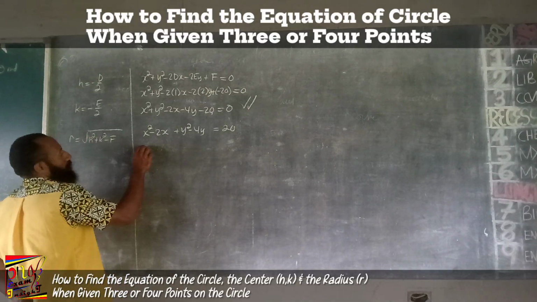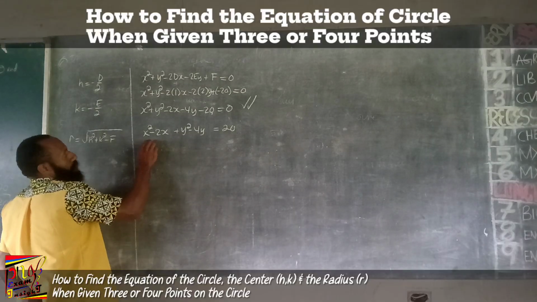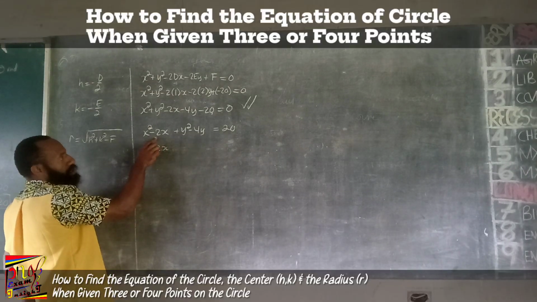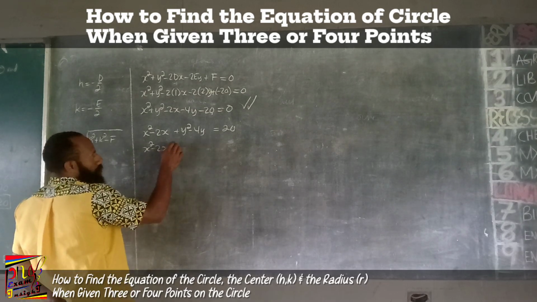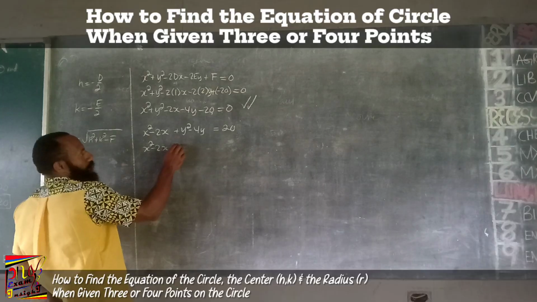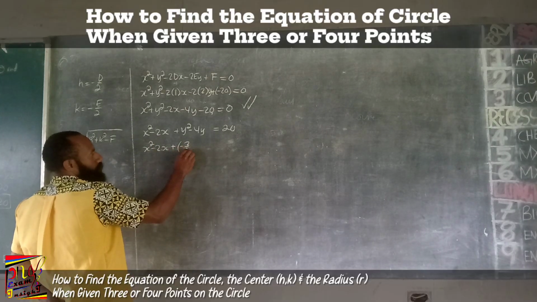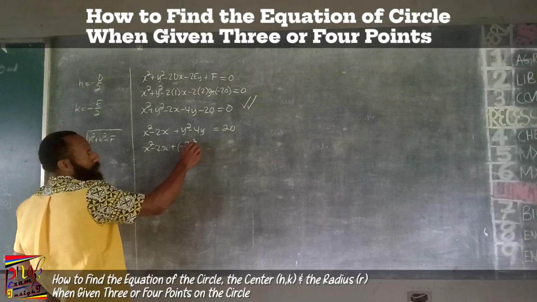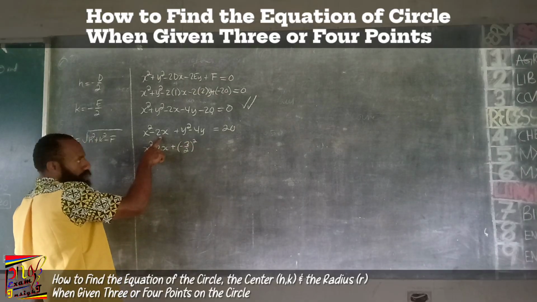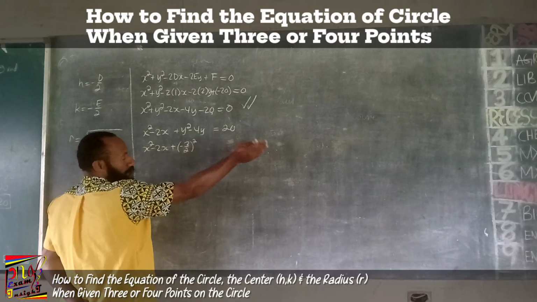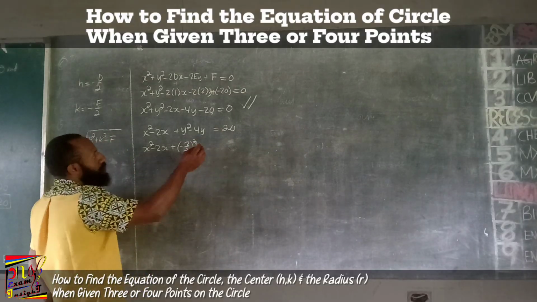So x squared minus 2x, the coefficient of x is minus 2. We take half of this, negative 2 on 2, and then we square it. We also add on the other side of the equation, don't forget. Is that clear?